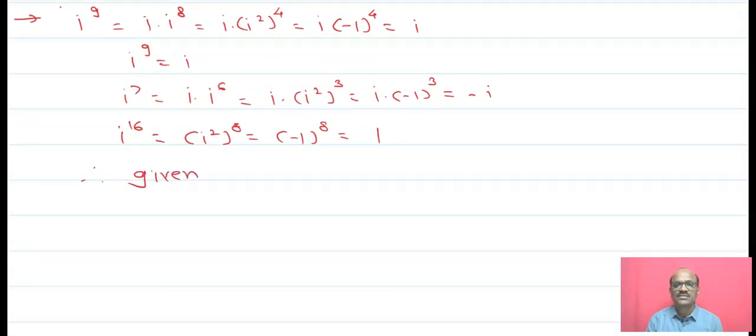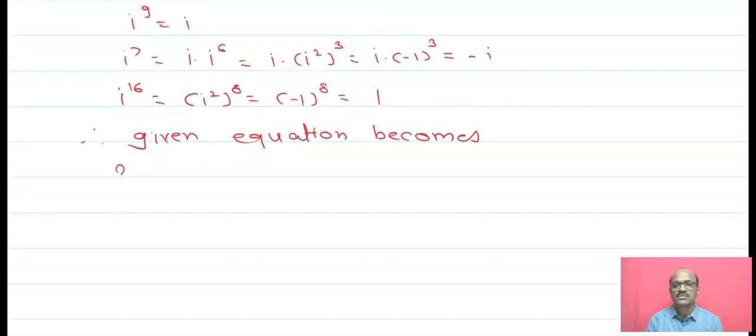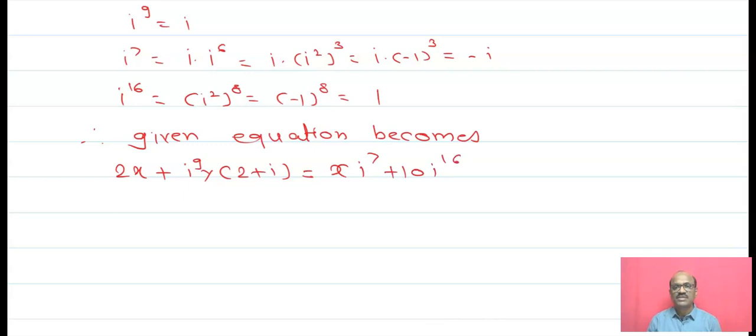Now the given equation becomes 2x plus i raised to 9 into y in bracket 2 plus i is equal to x i raised to 7 plus 10 i raised to 16.